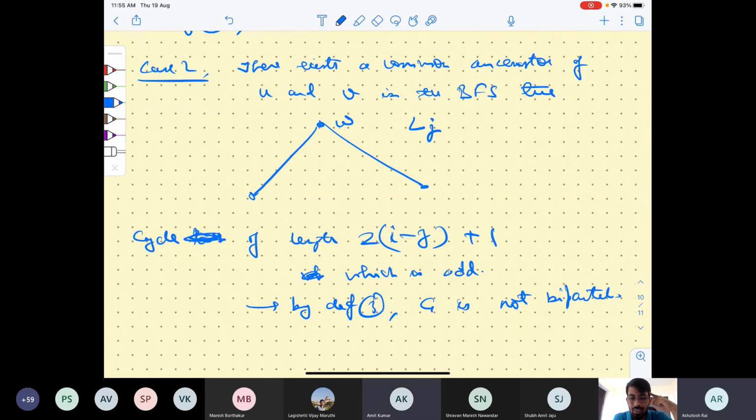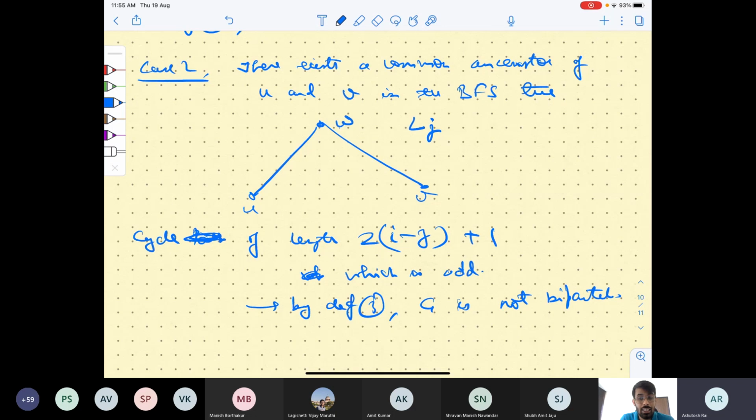Why does there have to be a common ancestor apart from S? If I wanted to show that there exists a common ancestor of U and V in the BFS tree, how do I show that? I want a proof of that.